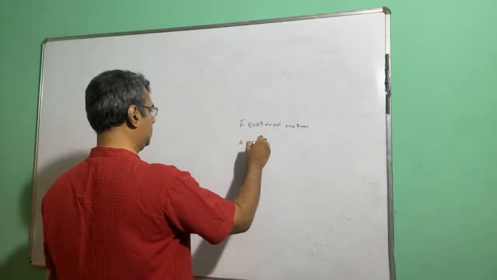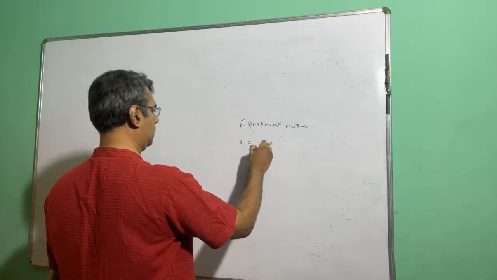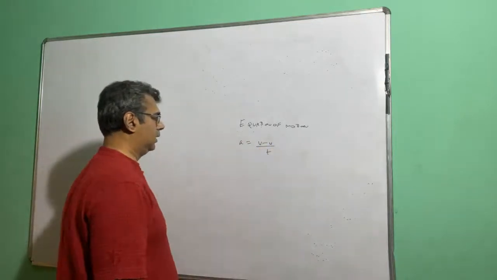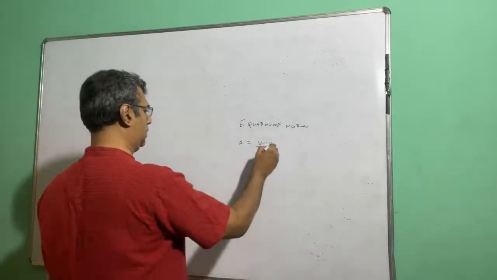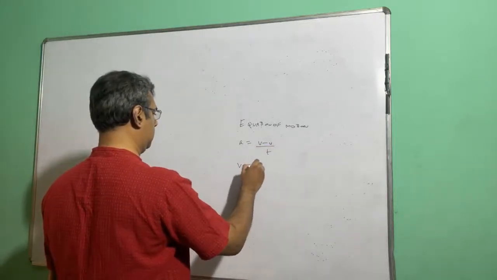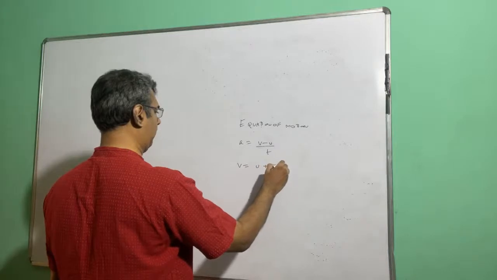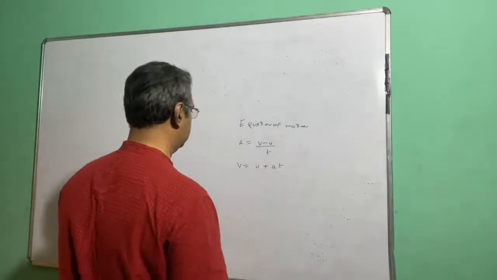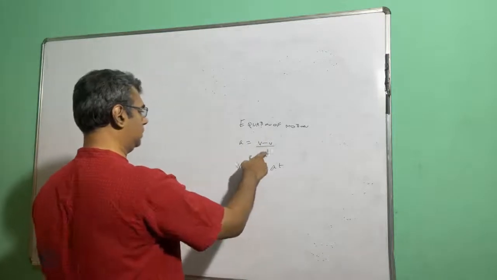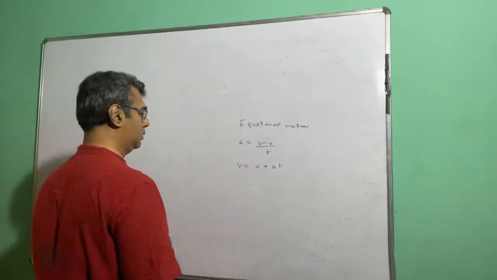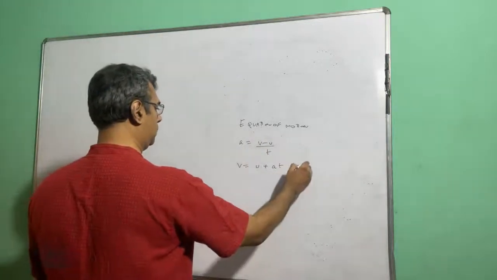So first thing is, you know that acceleration is change in velocity by time. So acceleration is v minus u by t, so v will be equal to u plus at.